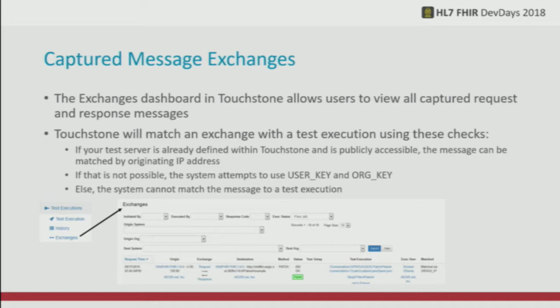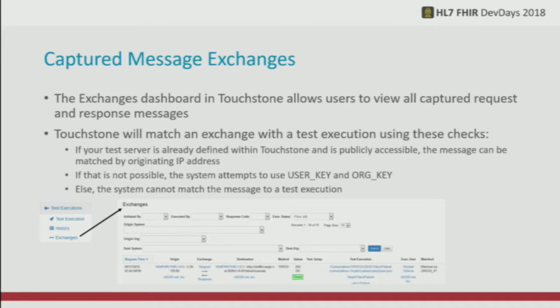Now, before I get to an actual live demo of showing you this in action, one of the aspects of peer-to-peer testing is you may go to your client and you may send that request, and Touchstone is still sitting in waiting for request because something didn't match. We're trying to make that match between the client system and what we're expecting.